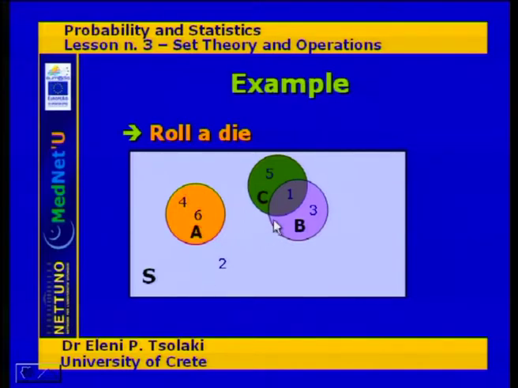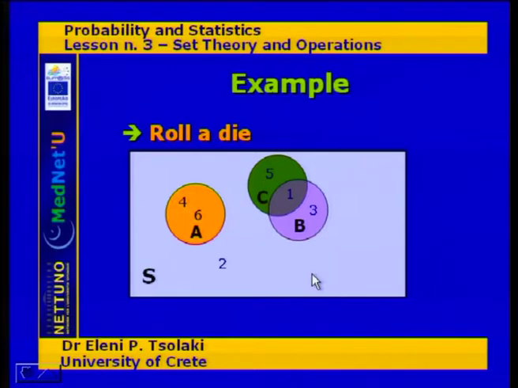Also, we write event B as the elements 1, 3, and event C elements 5 and 1. Another element is 2 in our sample space.